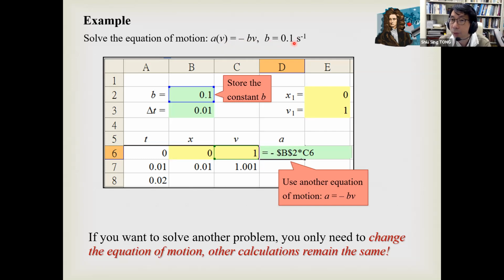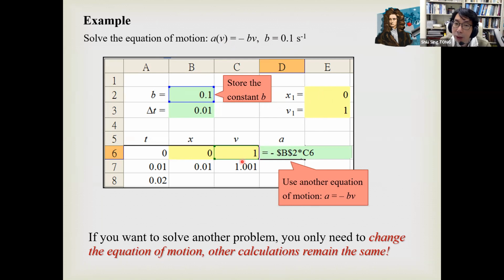And I choose b equal to 0.1. So instead of storing the acceleration due to gravity here, I store another constant. That constant is b. And here I choose b to be 0.1. Okay. Delta t, I choose the same step, okay? And this is the initial position, and the initial velocity I choose to be 1 meter per second.